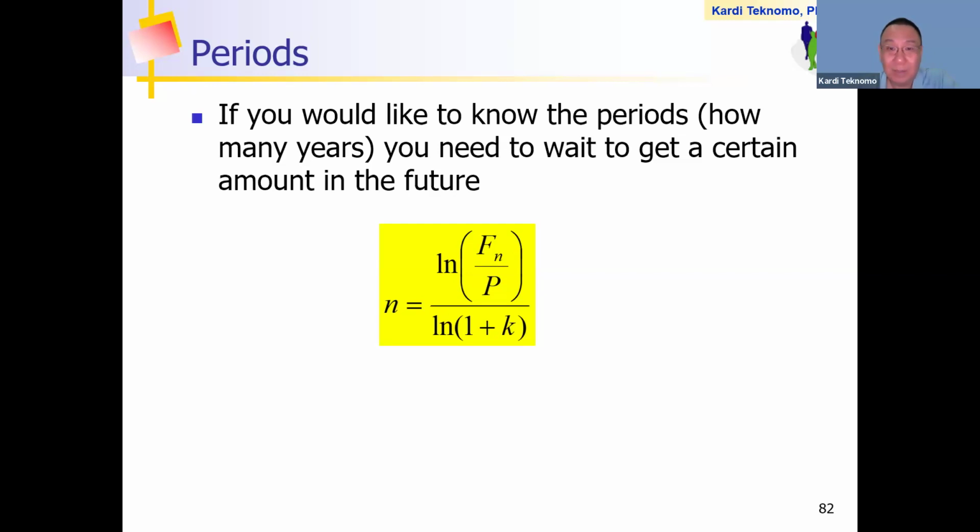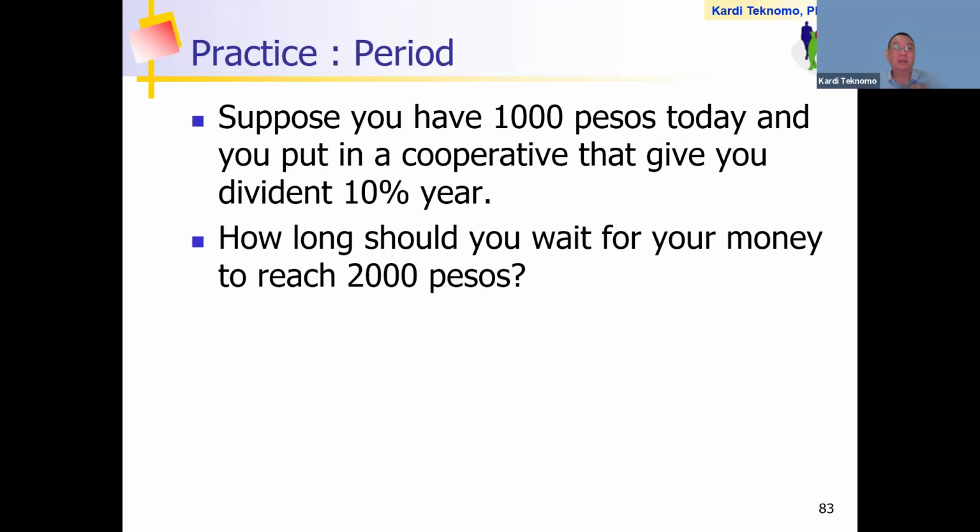So let's use this in an example. Suppose you have 1,000 pesos today, and you put it in a cooperative that gives you 10% dividend per year. Now, the question is how long you should wait for your money to reach 2,000, double.